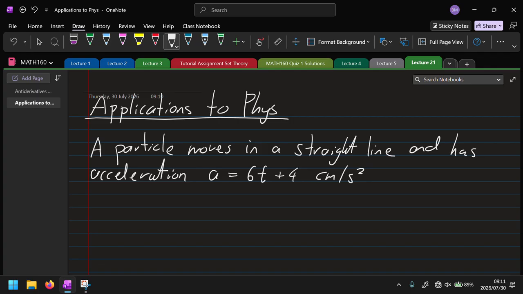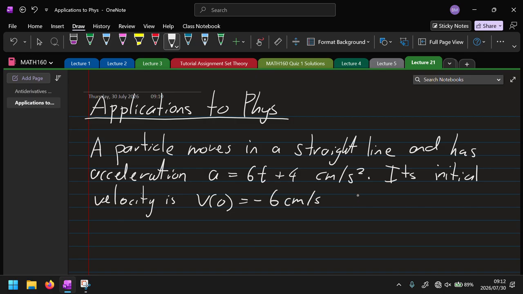Okay, so a particle moves in a straight line, has this acceleration. Its initial velocity, v at 0, so at time 0, is minus 6 centimeters per second.